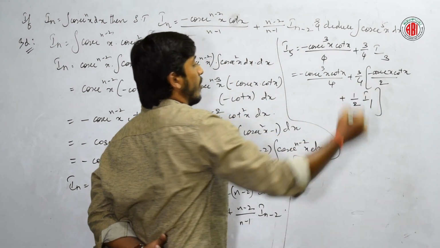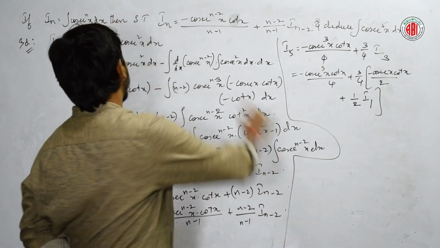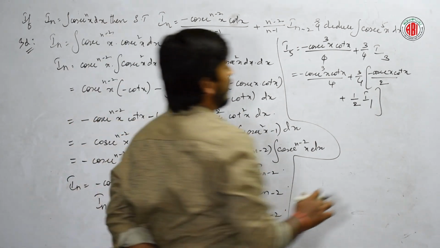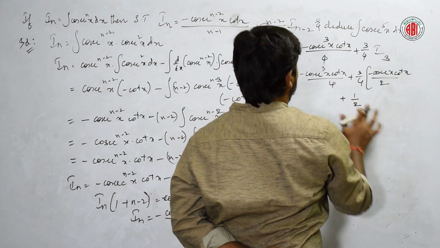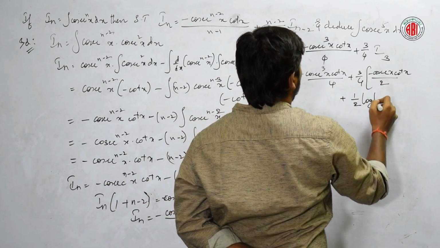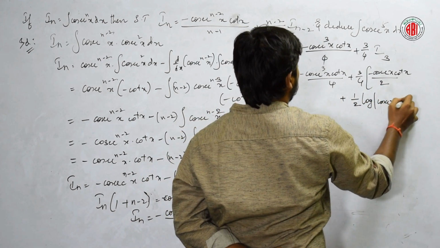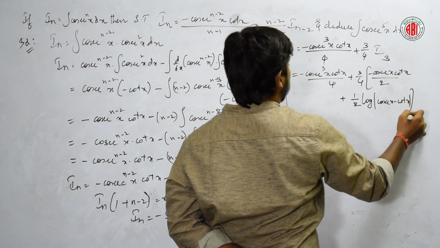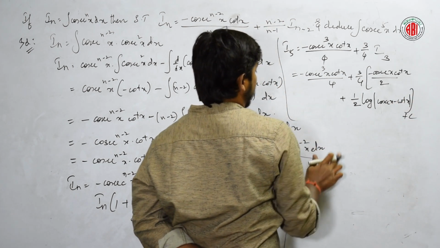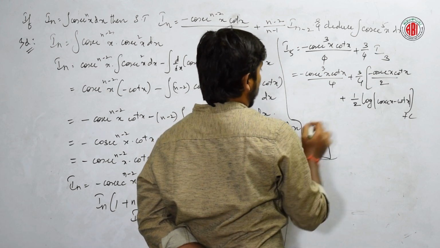Okay. What is I1? I1 is nothing but the integral of cosecant x. What is the integral of cosecant x? Let me write it here itself. Log of cosecant x minus cot x plus c. That's it. This is the answer. Now let us write all together.